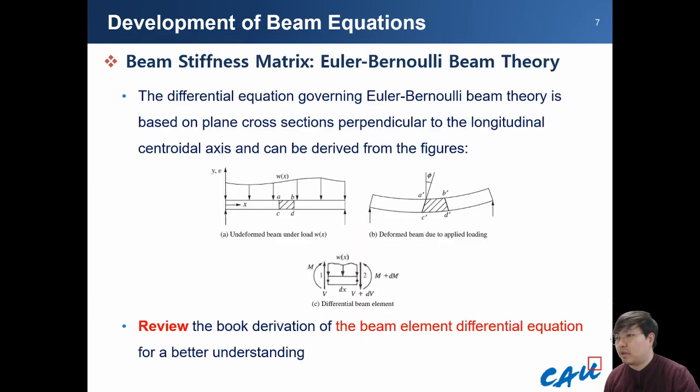So let's go into more detail about beam theory and beam structures. To derive the beam stiffness matrix, we should know slightly different concepts of beam theory. Generally we have two types of beam theory.